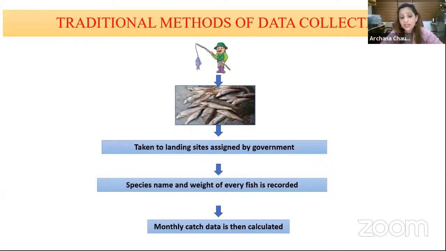The researcher would jot down the species name, weigh the fish, and record all the morphometric criteria of the fishes. And then the monthly catch data was calculated.